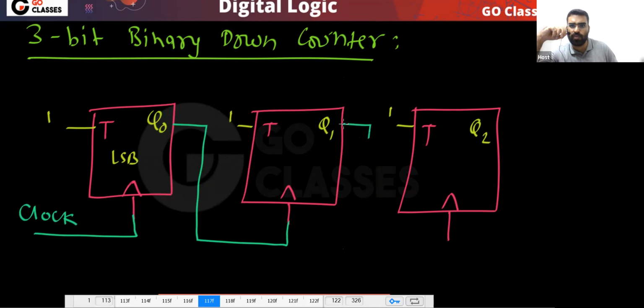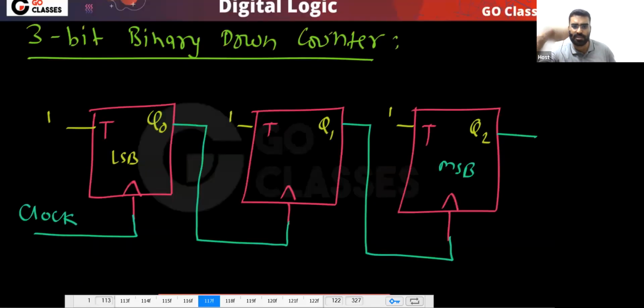Similarly, when this Q1 is going from 0 to 1, this Q2 should change, and this will happen. And this will be your final output. This is your binary down counter. Is it clear? This is your MSB. Correct? This counter will do the binary down counting.